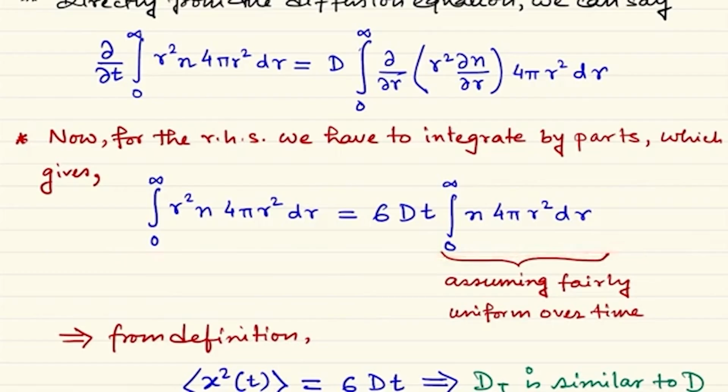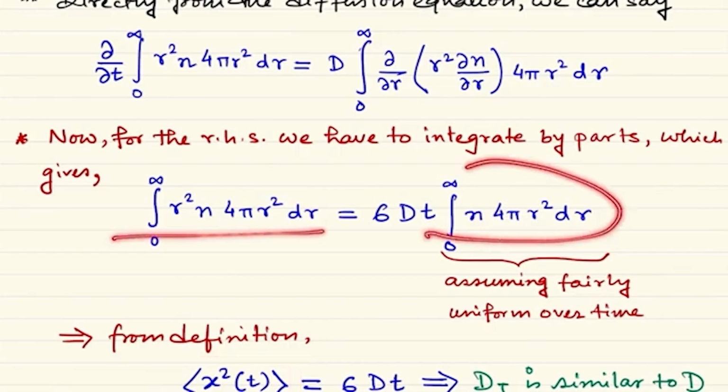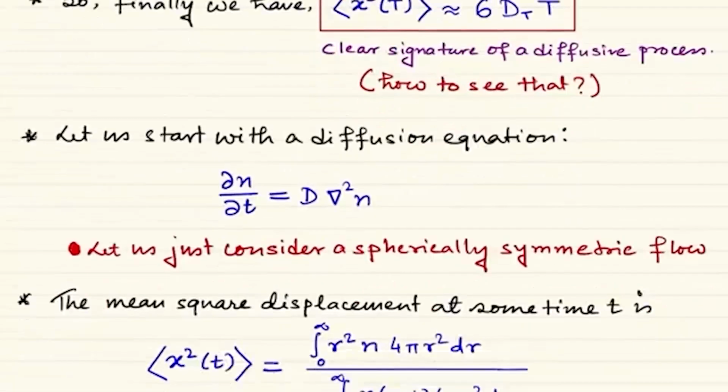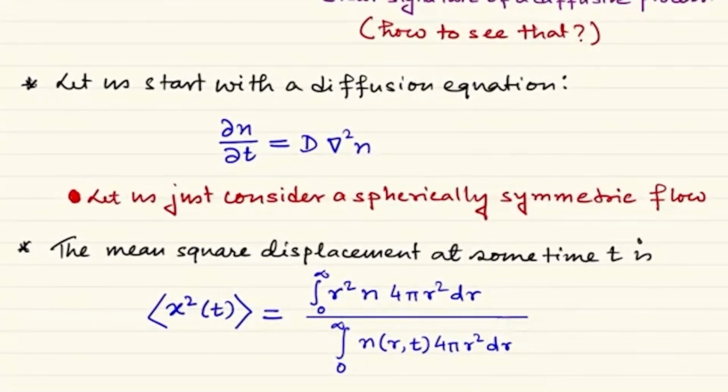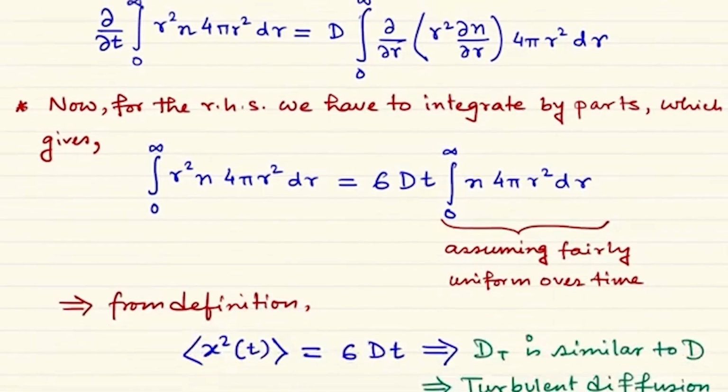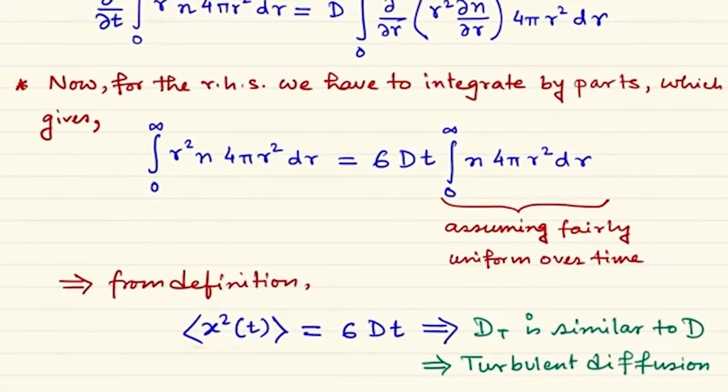By definition your mean square displacement is nothing but this one divided by this one, right? If you remember the definition given here, then finally you will have this equal to 6 D t. So that is the classical formula for mean square displacement in a diffusion process.